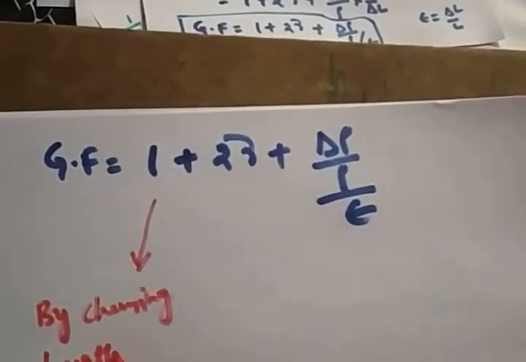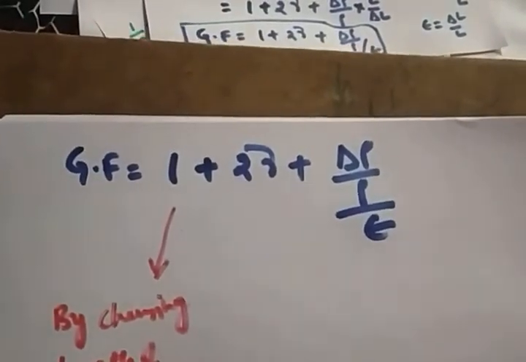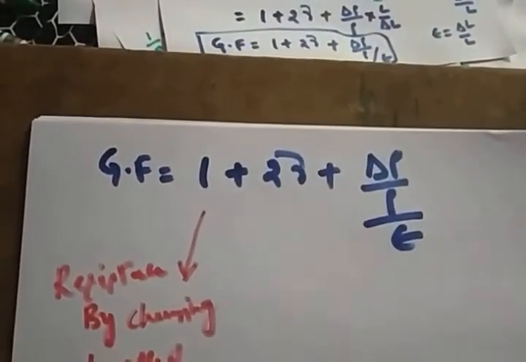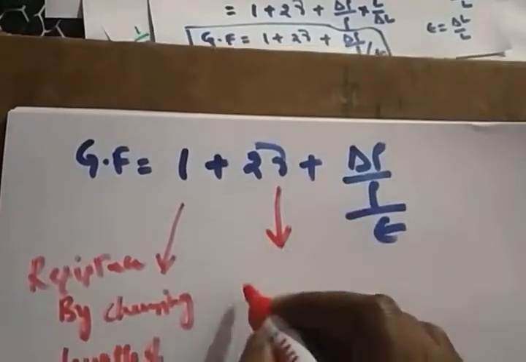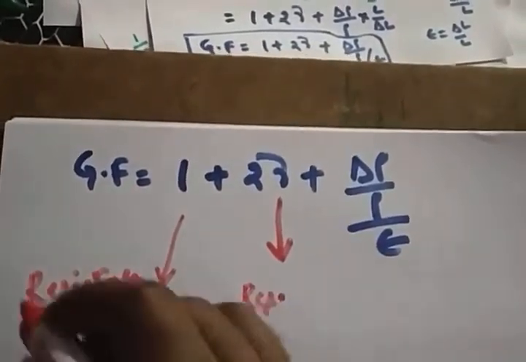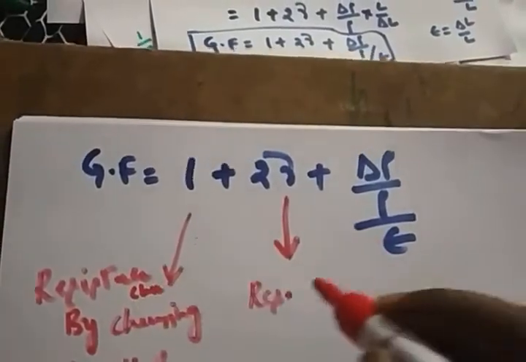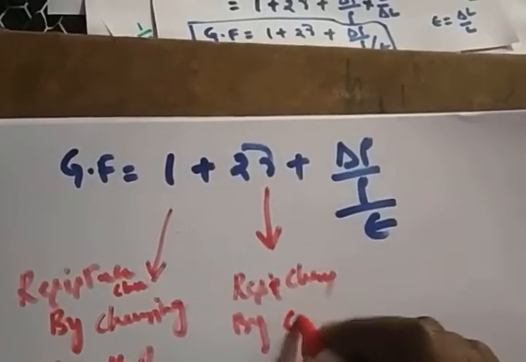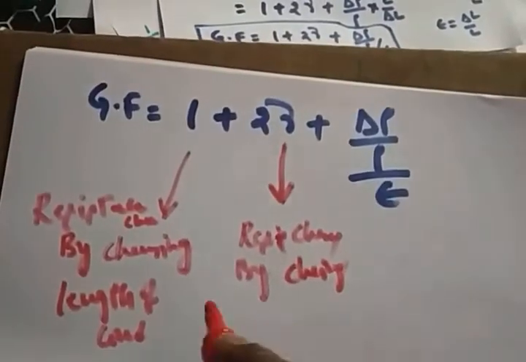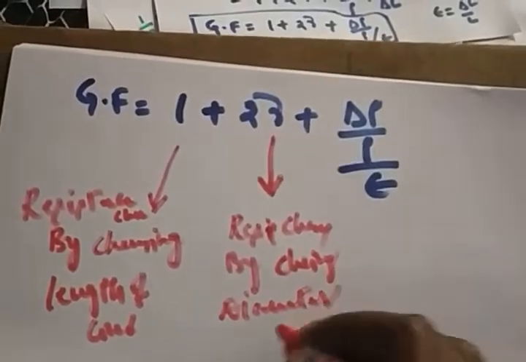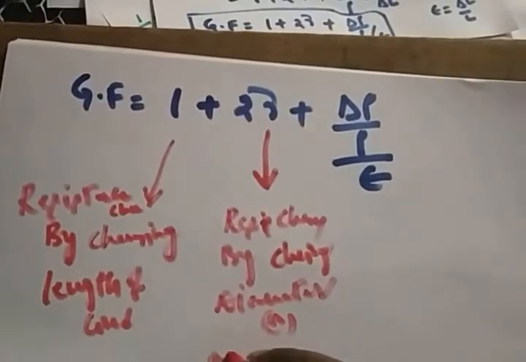This factor shows the resistance change by changing the diameter or the area of the conductor.